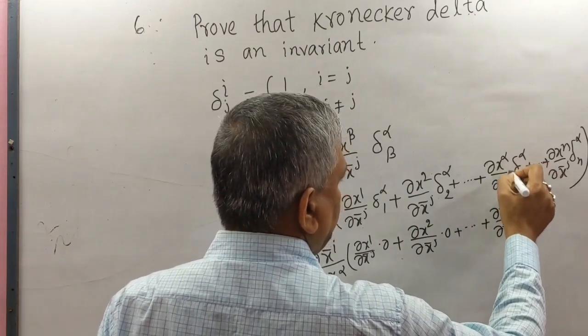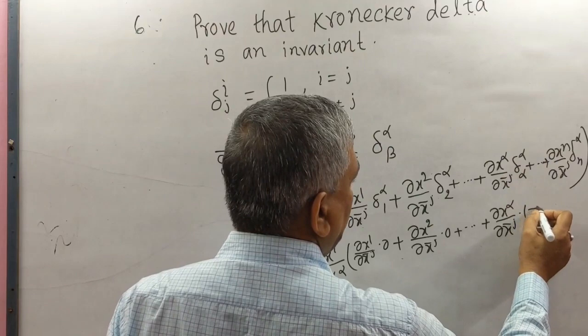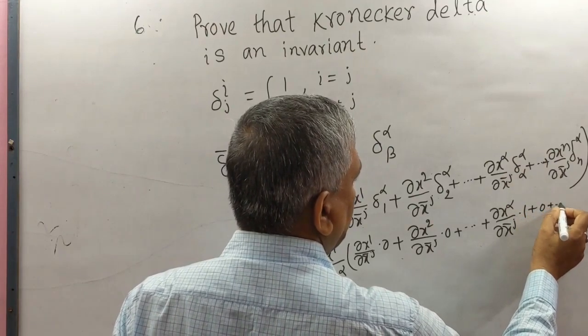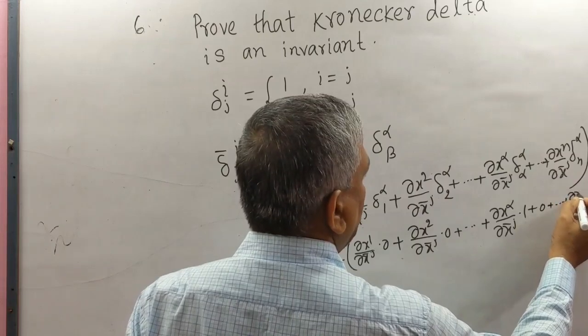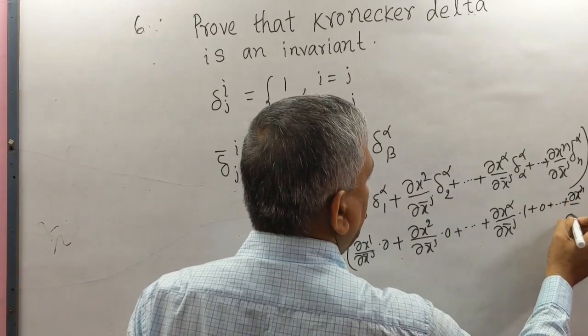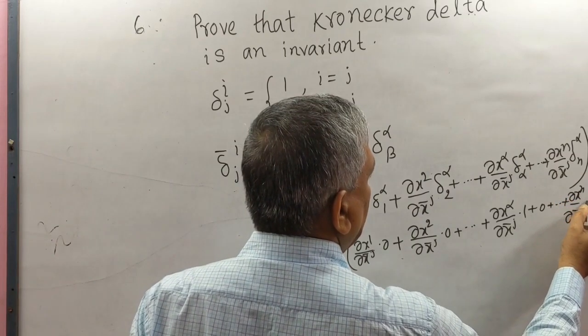So this gives the result 1 plus 0 plus 0 plus dot dot plus del x n by del x bar j into 0.